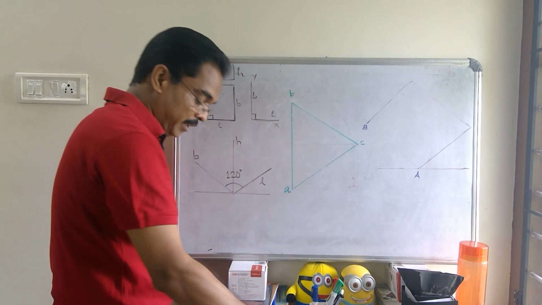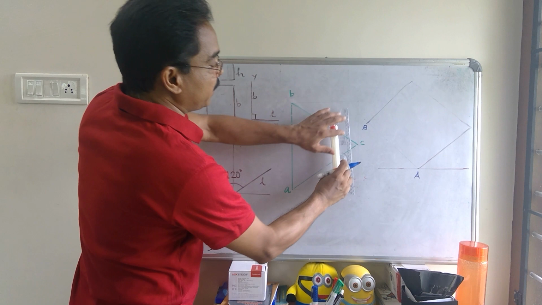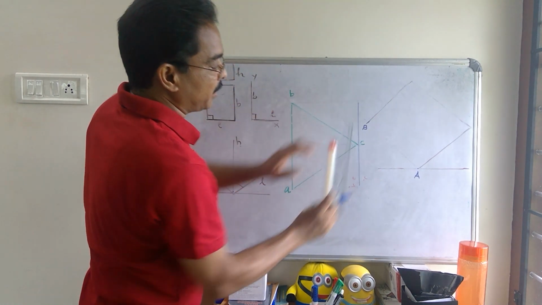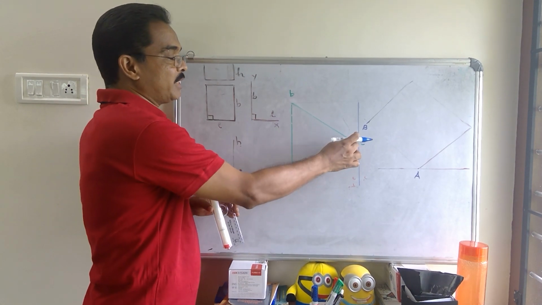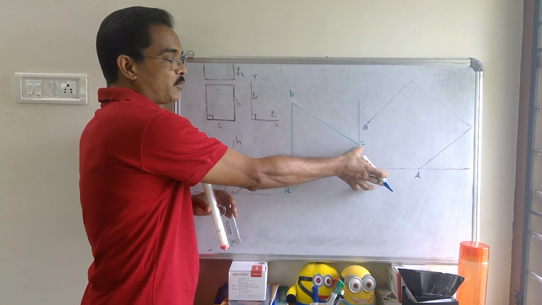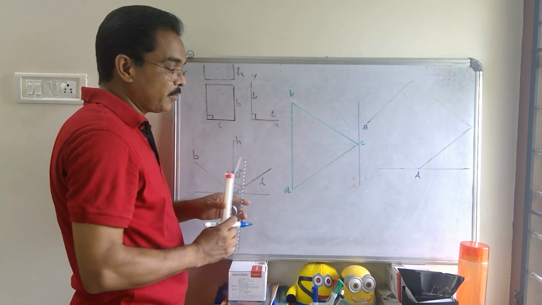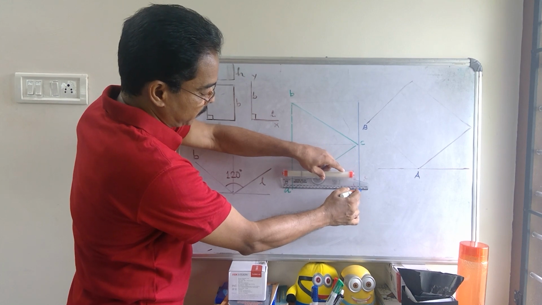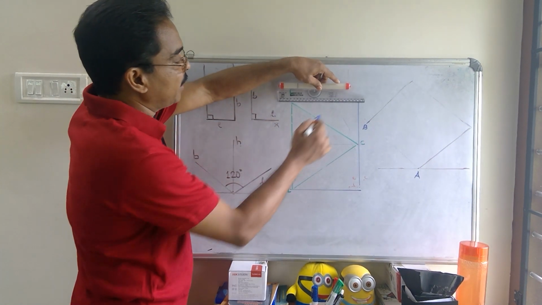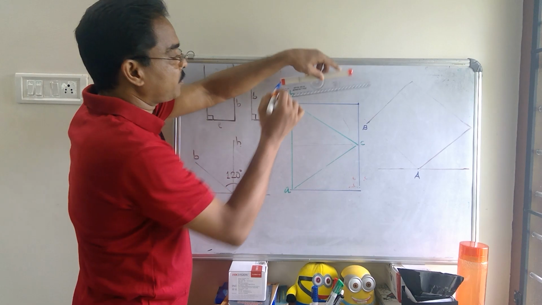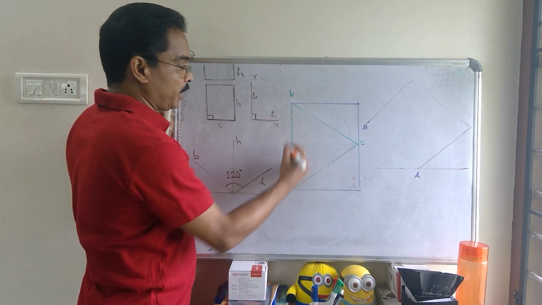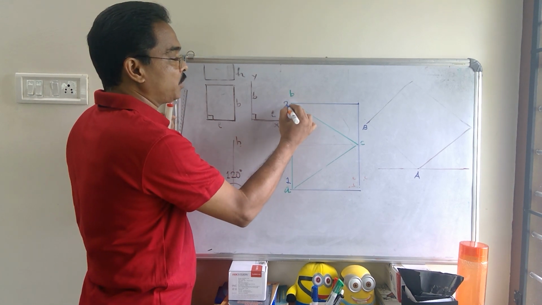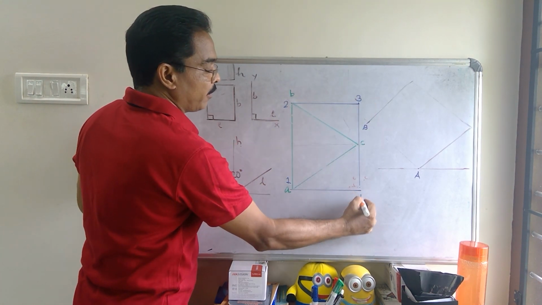So for that, what we normally do is set the point C in a vertical line. Now this distance of C becomes a vertical measurement. So I am enclosing this triangle ABC inside a box, and I can name the corners 1, 2, 3 and 4.